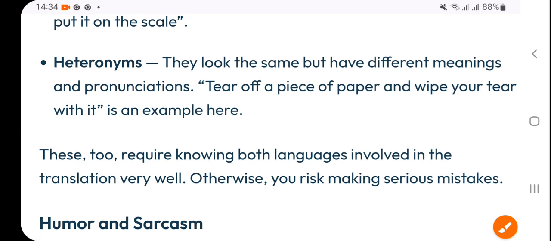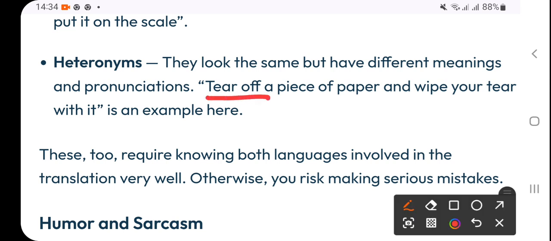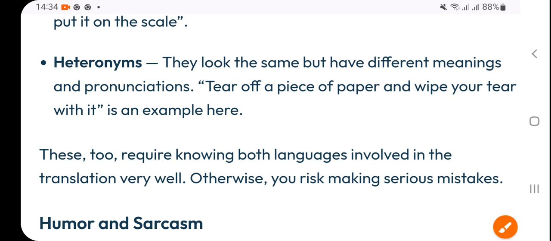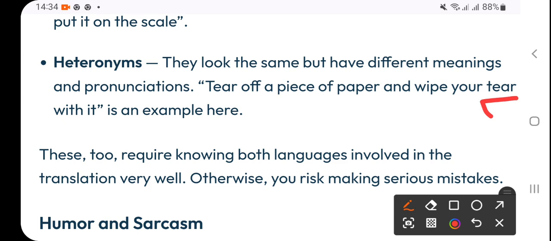Heteronyms look the same but have different meaning and pronunciation. Tear off a piece of paper and wipe your tear with it, right? So tear off means a piece of paper, and wipe your tear, this tear is when we cry.